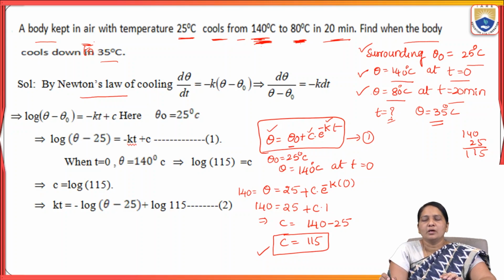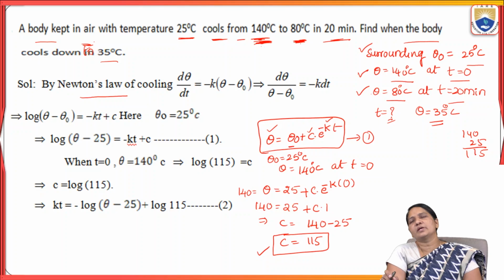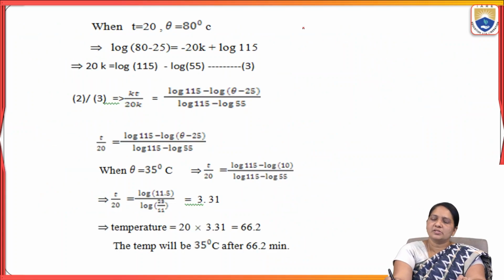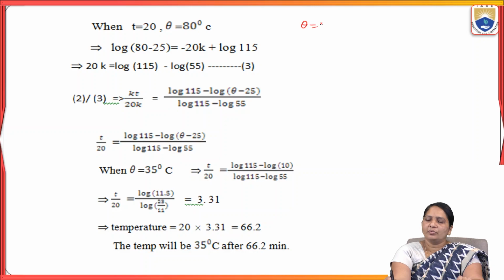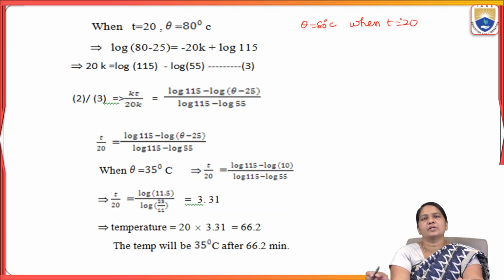The first step in the working rule, identifying the theta naught, is completed, and in the second step we calculated C, that is also completed. We are moving to the third step. Theta equal to 80 degrees C when t equal to 20. This is the second condition, which we are going to apply in equation 1 to get the k value.